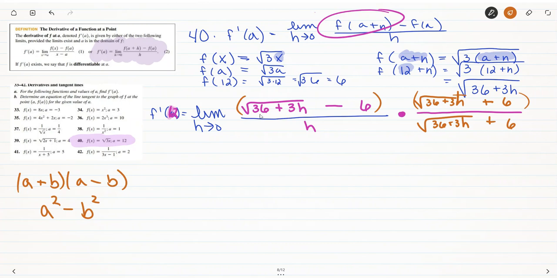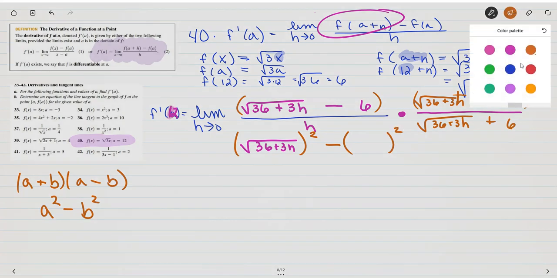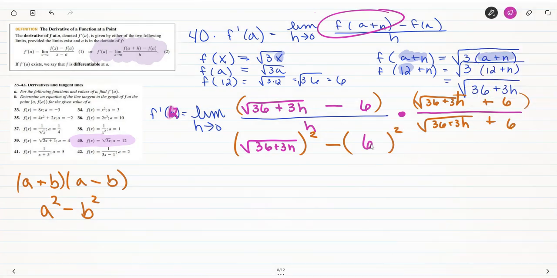So when I multiply this numerator times the numerator, I'm going to get the first term squared minus the second term squared, because I'm going to get the difference of two squares. So I'm going to get the square root of 36 plus 3h, squared, minus 6 squared.